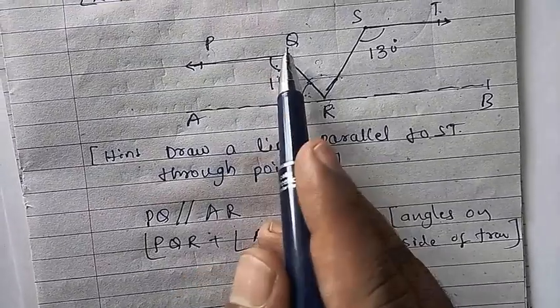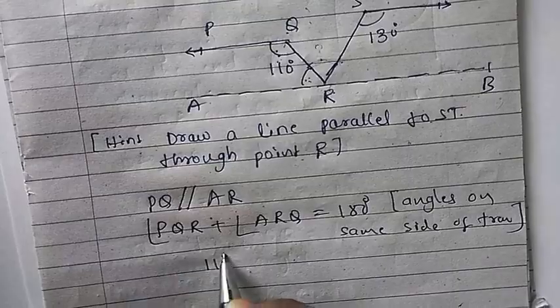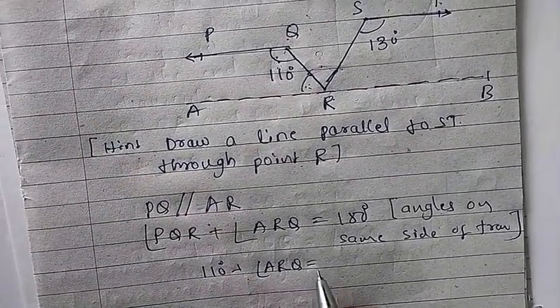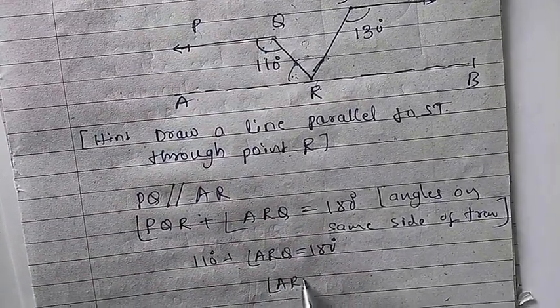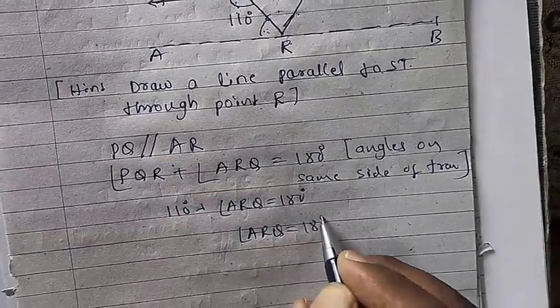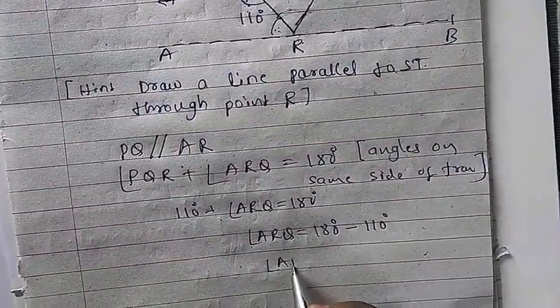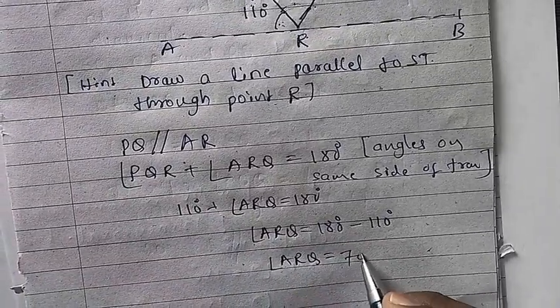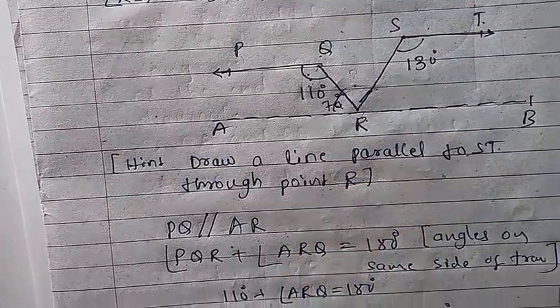PQR is 110 degrees. 110 degrees plus angle ARQ is equal to 180 degrees. Therefore ARQ is equal to 180 degrees minus 110 degrees, so angle ARQ is 70 degrees. I hope you understood this one.